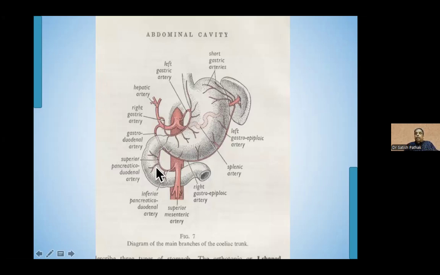Now what is the peculiarity and difference between these two? Gastric ulcer is usually seen when the patient's stomach is containing less acid. That is called achlorhydria. In the gastric ulcer patient, the gastric acid level is already low.